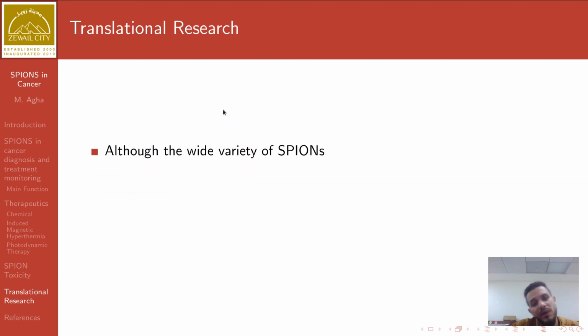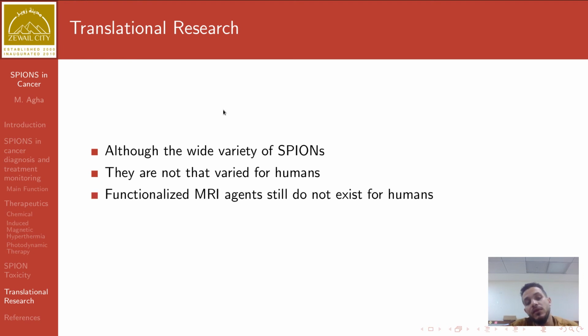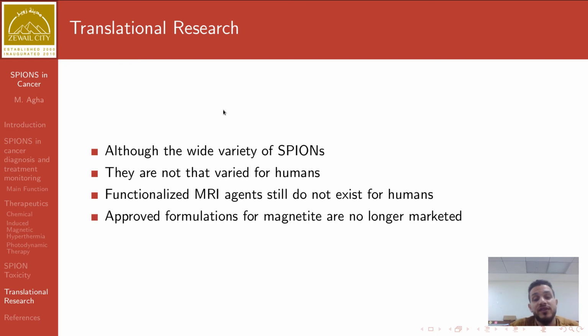So although there is a wide variety of SPIONS, a lot of them are approved for treatment of humans, but the approved formulations are no longer marketed. So we have a problem in incorporating these medications to a large scale market.